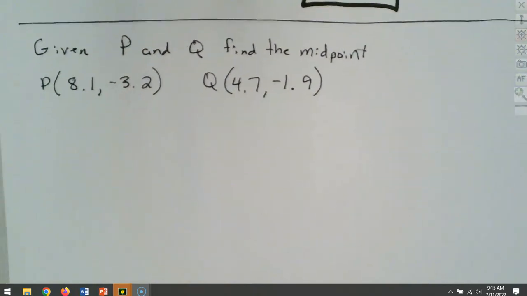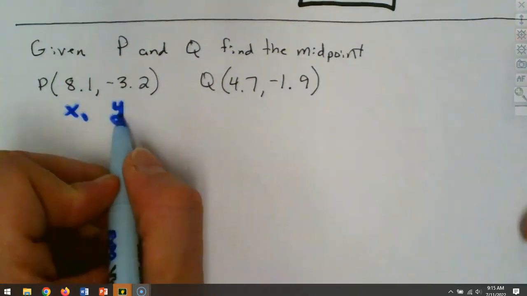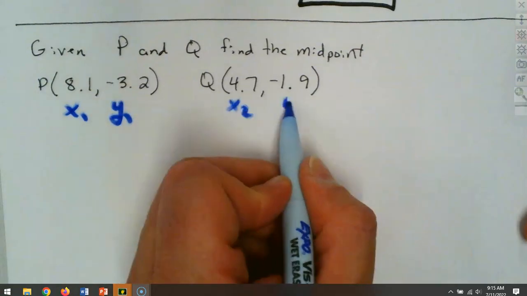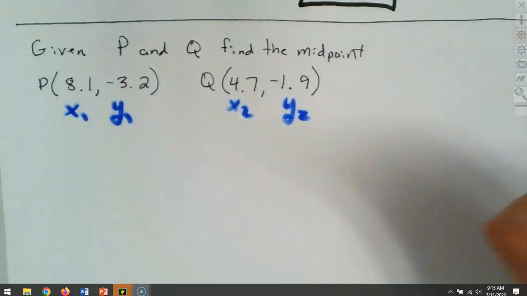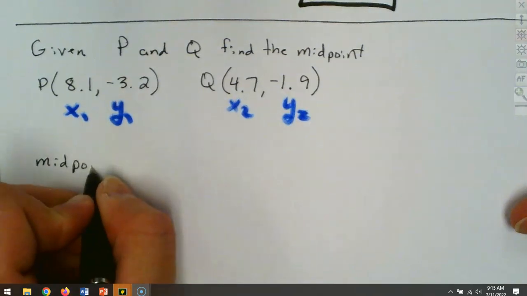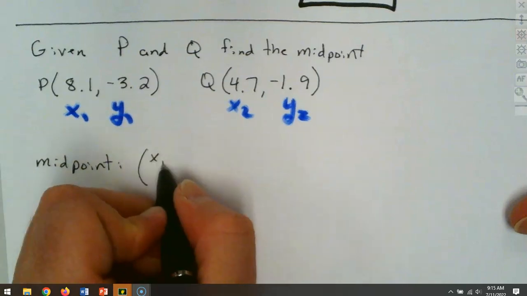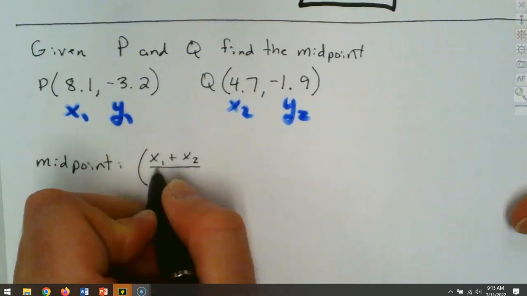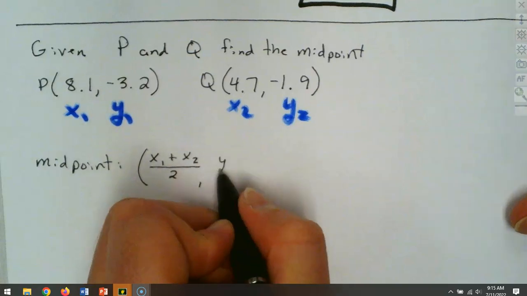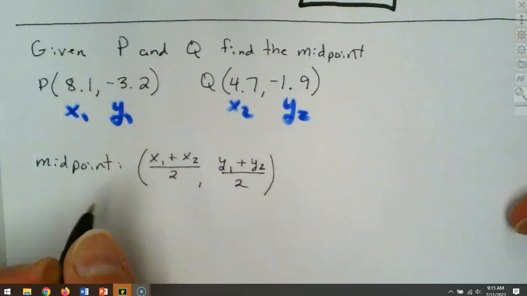We just add everything together on the x's and the y's. And so x1, y1, x2, y2. And my midpoint formula is x1 plus x2 over 2, and y1 plus y2 over 2.